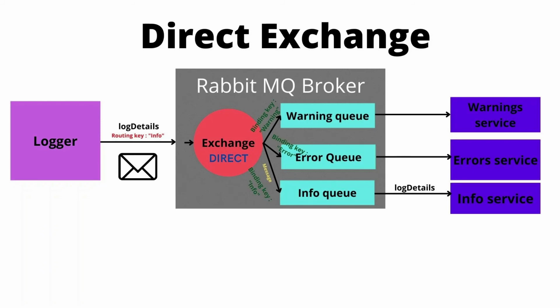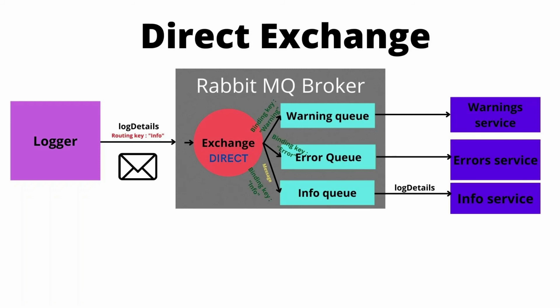And this is why the info service is the only service receiving the log details in this specific example. That way, the logger did not have to worry about which service to send that message to. RabbitMQ is the one who took care of that.